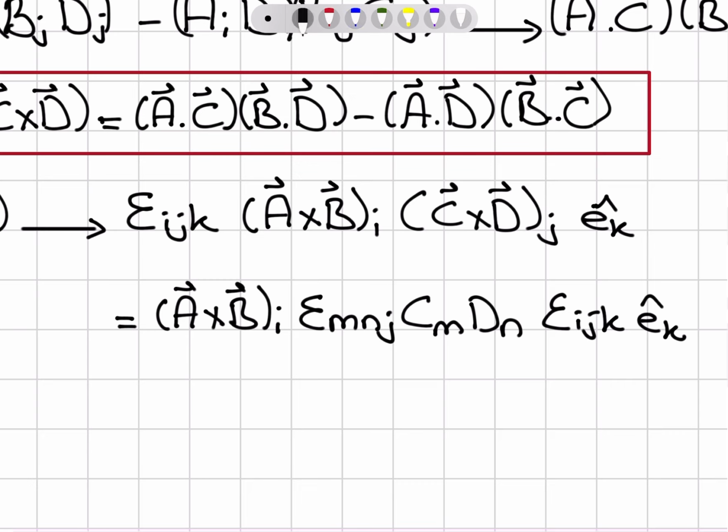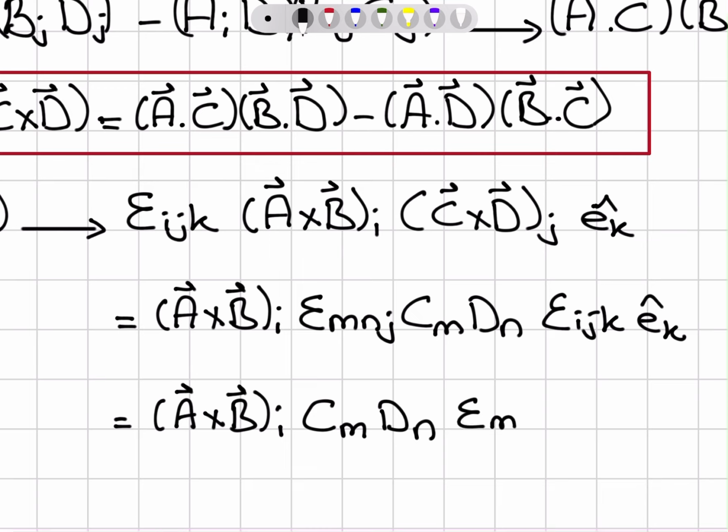So this tells me that I have here A cross B's ith component, c_m d_n, epsilon mnj, epsilon ikj with a minus sign e_k hat.